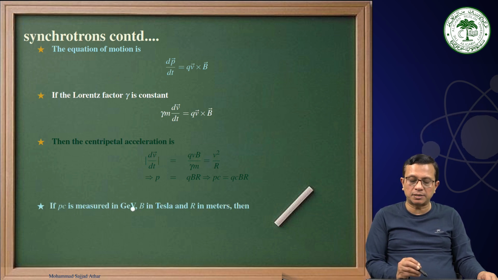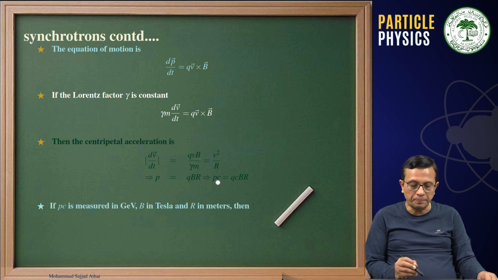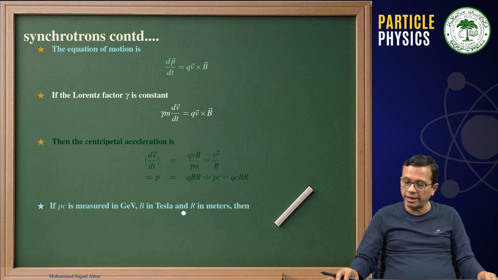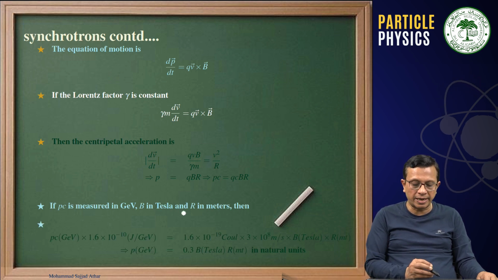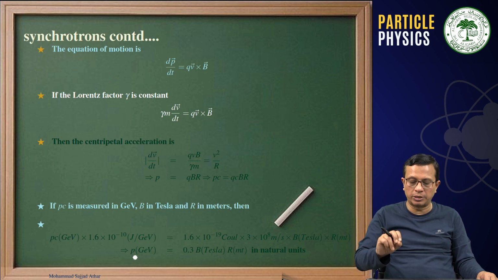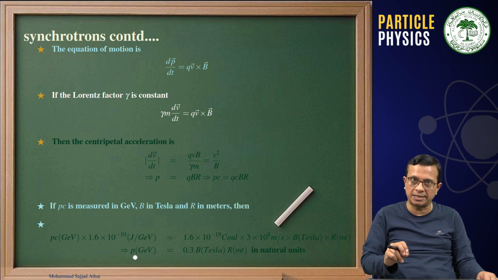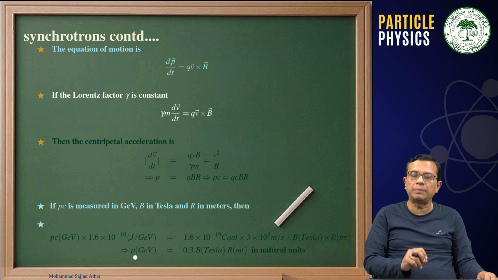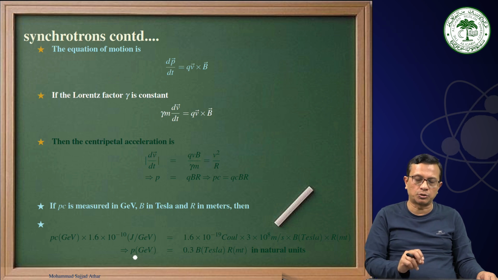Therefore, if pc is measured in GeV, B in Tesla, and r in meters, then you can write p in GeV/c, and in natural units we are not writing c. P in GeV means we are talking about natural units.